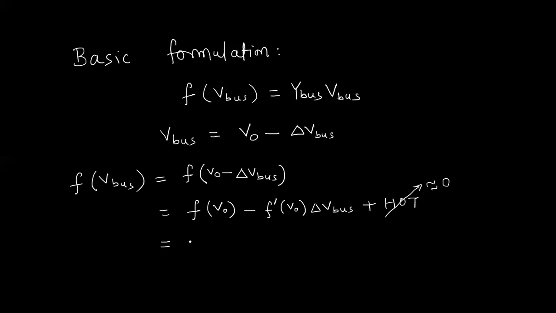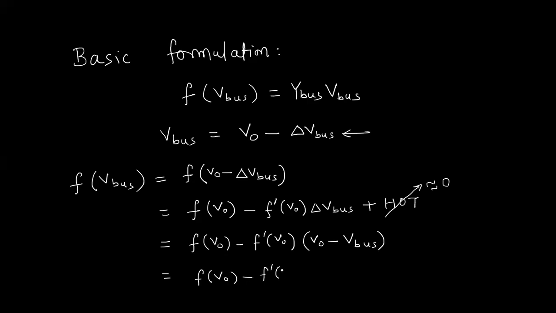So we have neglected higher order terms. So this is f of V0 minus f'(V0). The delta V bus can be written from this expression as again V0 minus V bus. Okay, so that can be written as f of V0 minus f'(V0) multiplied by V0.